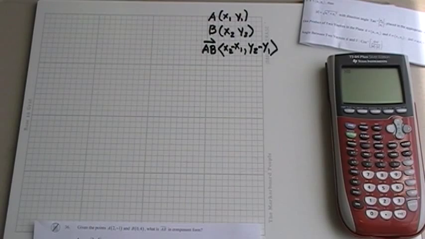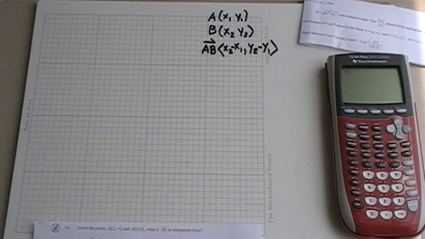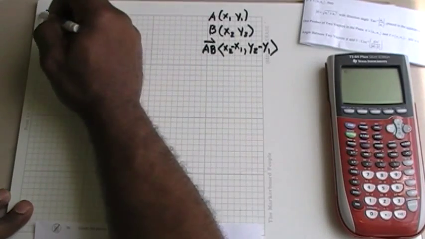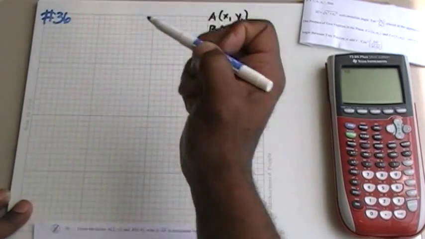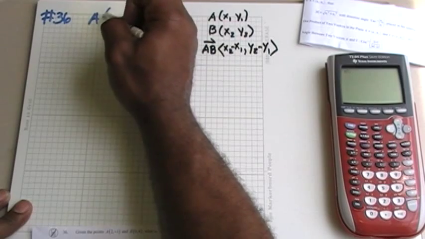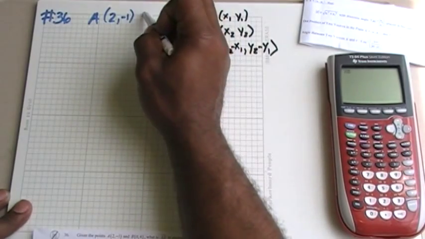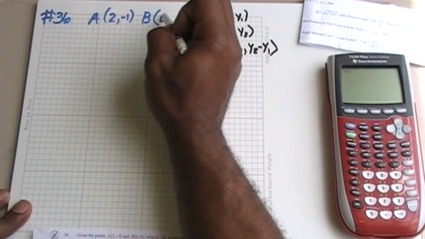Now, doing this particular problem, problem number 36, we have A is (2, -1) and B is (0, 4).